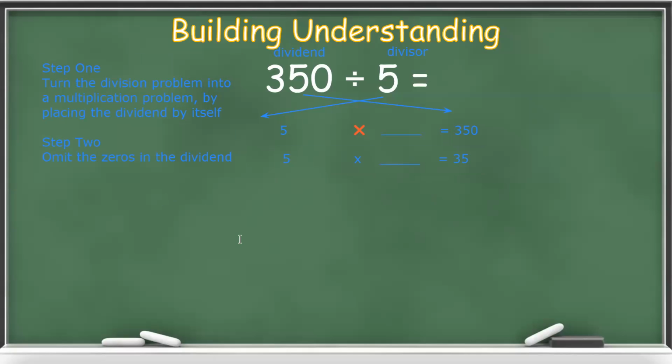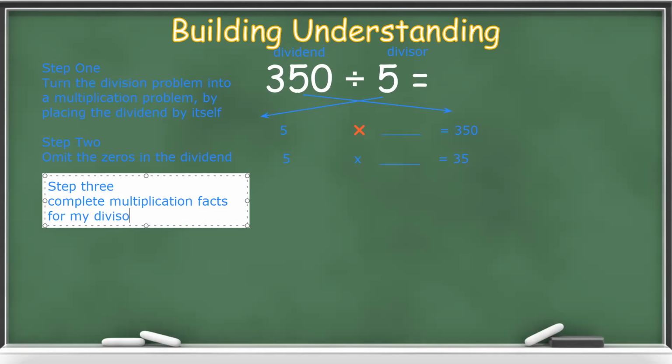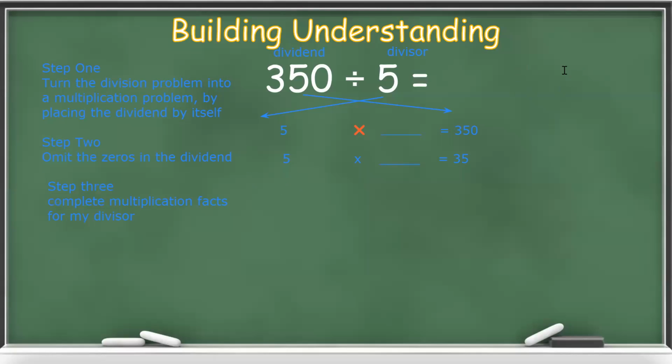My next step is to complete the multiplication. Step 3: complete multiplication facts for your divisor. So let's do that over here. So 5, and I have 1, 2, 3, 4, 5.